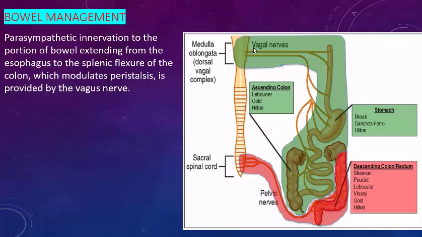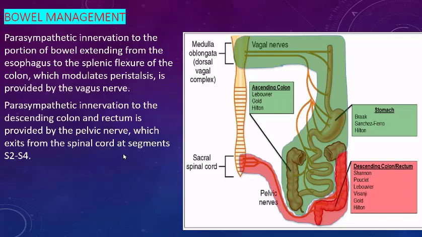You can see that this is the vagus nerve, and it supplies the gastrointestinal tract from the esophagus to the splenic flexure of the large intestine. So the esophagus, stomach, the whole small intestine, the ascending colon and the transverse colon up to the level of the splenic flexure are supplied by the vagus nerve.